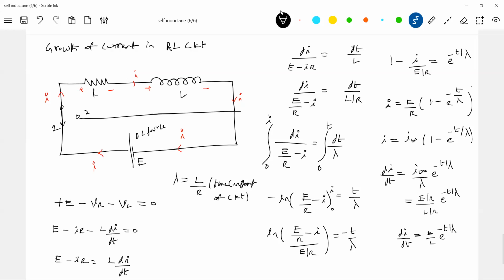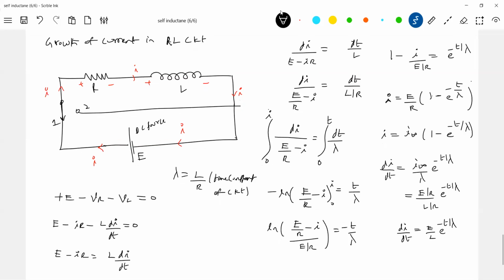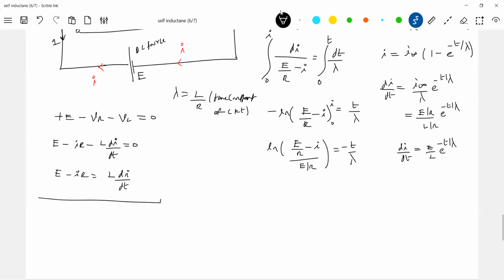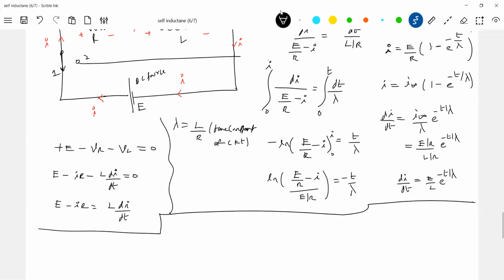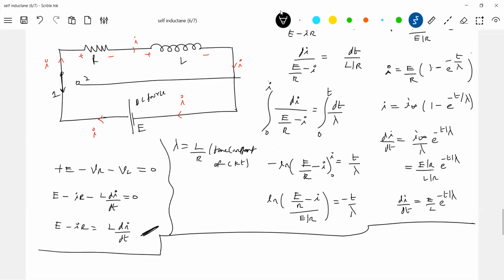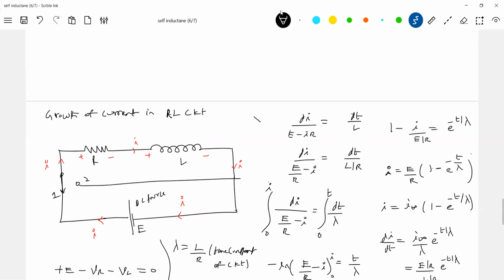Now that I know di by dt, can I find VL? What is the drop across the inductor? I'll put arrows so that you can continue to see it.